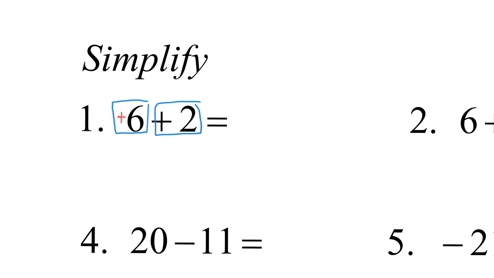That's why you add the numbers. 6 plus 2 is 8. And if you guys look at the signs of the numbers, they're both positive. So my answer will be the same sign of the numbers. So it's a positive 8. But like we said, guys, we don't need that positive on the left side when the number is positive. So we just put 8. My answer is 8. So this is how you add integers.